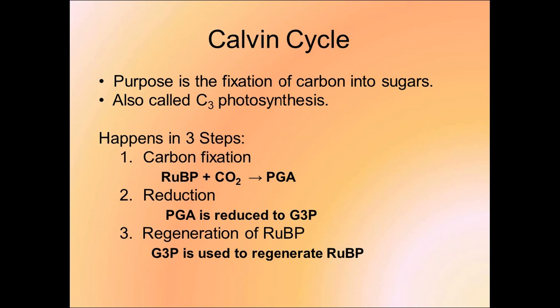The regeneration step also requires the use of ATP. Together, when all the steps are added up, it takes 9 ATP molecules and 6 NADPH molecules to create a glucose molecule. That Calvin cycle energy is continually being regenerated through the creation of the ATP and the NADPH molecules in the light-dependent portion of photosynthesis.